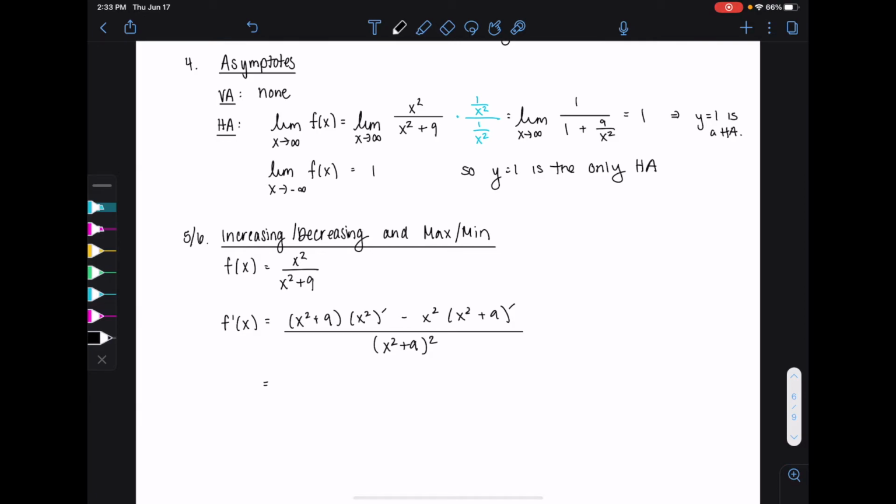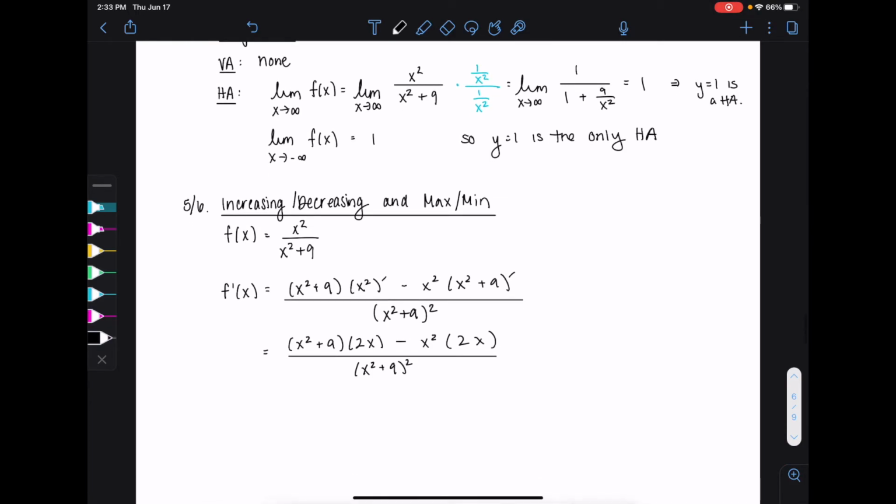So taking these derivatives, this is x squared plus 9 times 2x minus x squared times 2x over x squared plus 9 squared. So we do want to distribute that out.